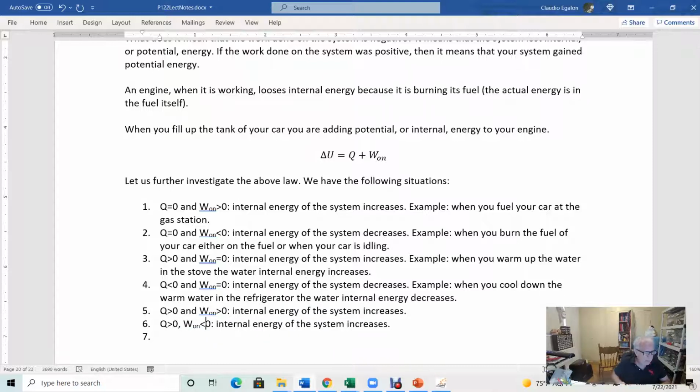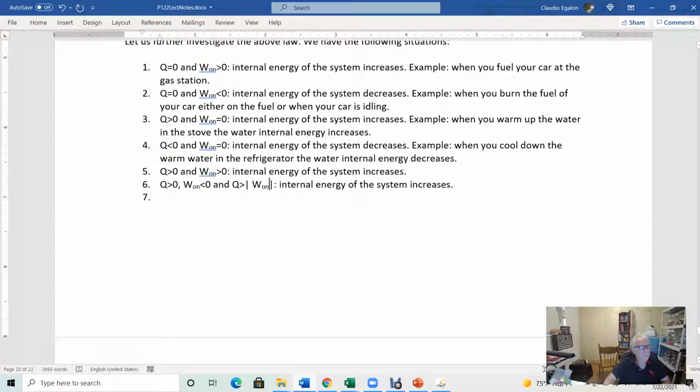Here you go. And there's another condition: Q is greater than the magnitude of the work done on the system. The internal energy of the system increases as well. So when you subtract this number from Q, you still get a positive change in internal energy, right?